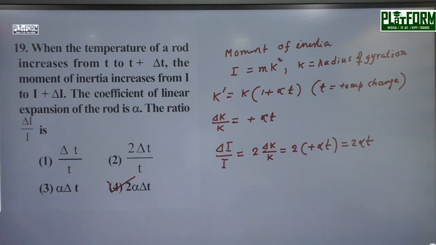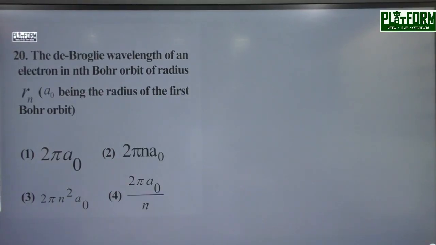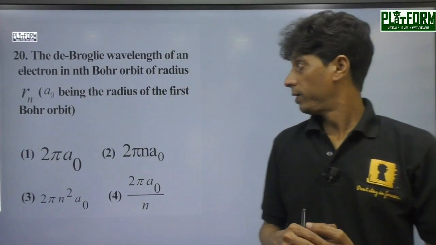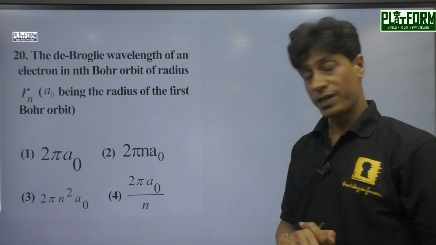Let us move to the next problem. The de Broglie wavelength of an electron in nth orbit of radius Rn.